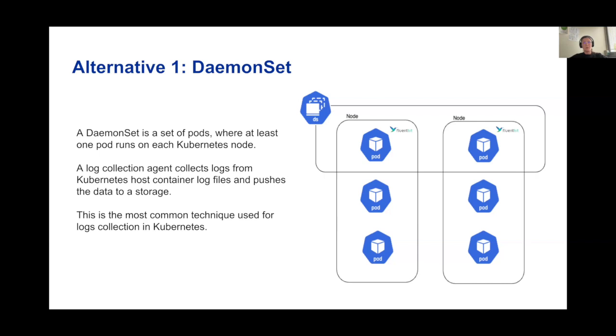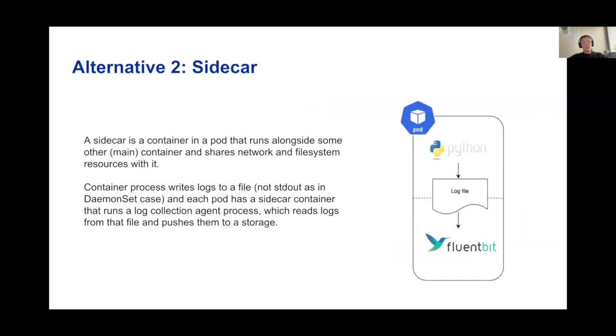On each node, there is a pod of a logging agent, in this case, Fluent Bit. It has access to these log files and reads them and pushes the data to some storage. And this is the most common technique used for logs collection in Kubernetes.